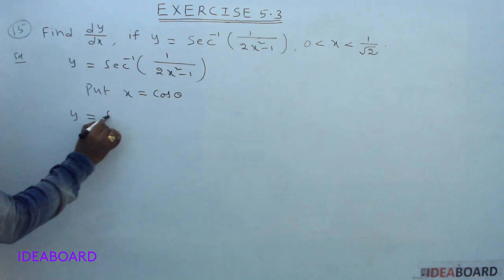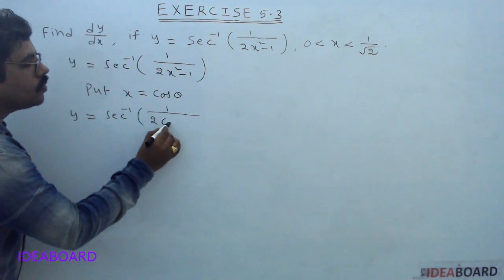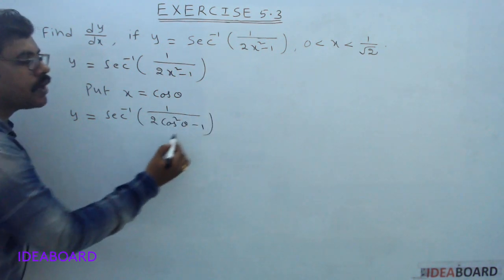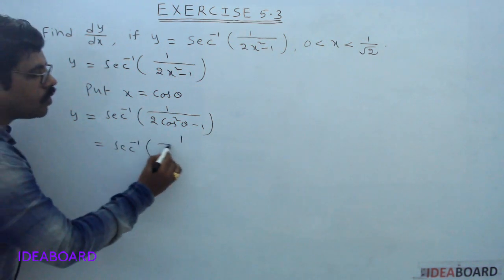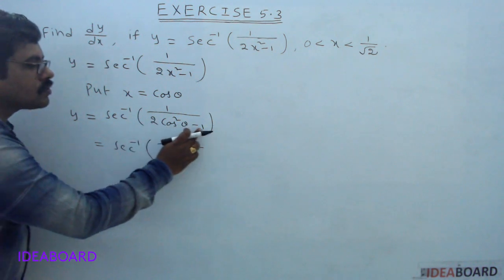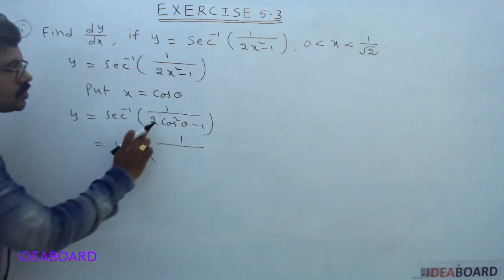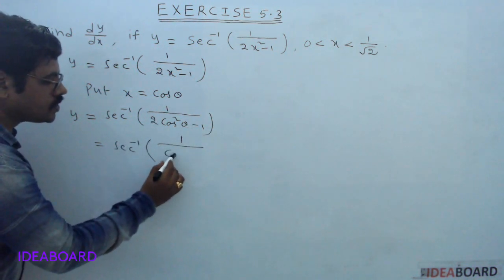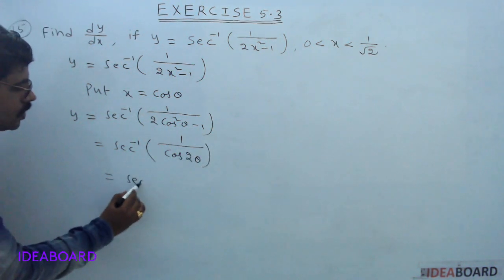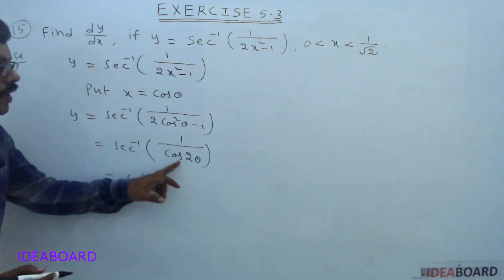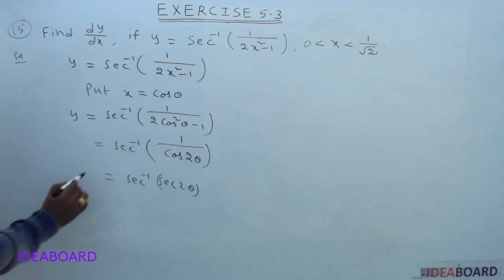Now it is y equals secant inverse of 1 divided by 2 cos square theta minus 1. It is the formula for cos 2 theta. So 2 cos square theta minus 1 is cos 2 theta. Now this equals secant inverse of 1 divided by cos 2 theta, that becomes secant 2 theta.